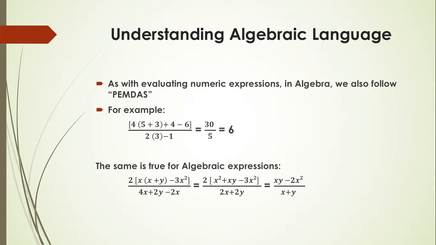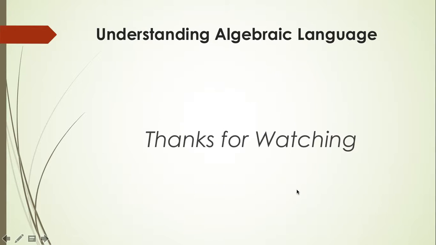So we have 2 times quantity x squared plus xy minus 3x squared over, and then we add these like terms, 2x plus 2y, which would give us xy minus 2x squared over x plus y. We take the 2 out from the top and the bottom since it is there everywhere.